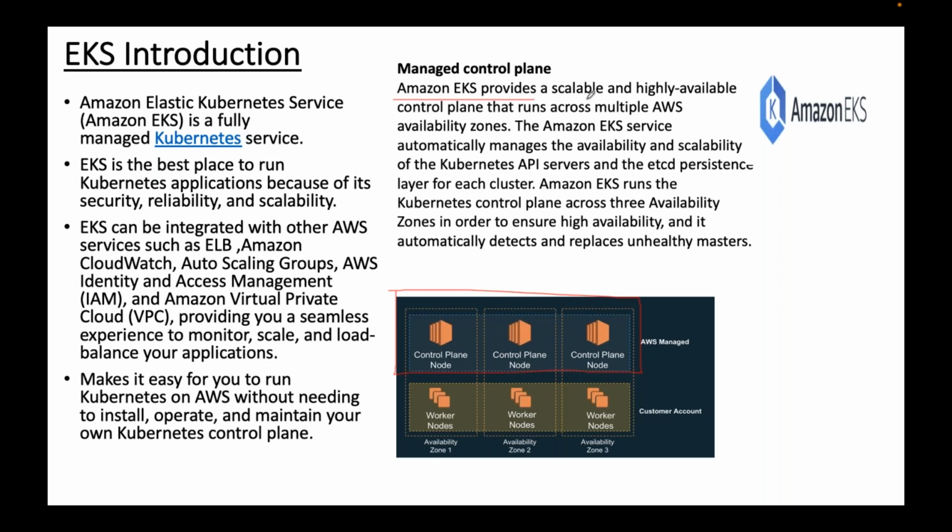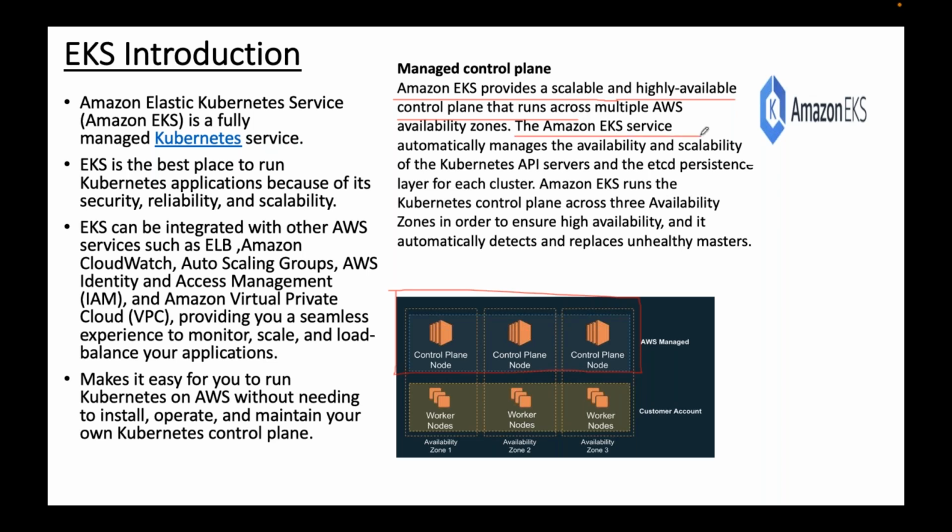EKS provides a scalable, highly available control plane that runs across multiple AWS availability zones. That control plane is nothing but a master. The Kubernetes control plane is nothing but a master. In the master, you have Kubernetes components like etcd, API server, scheduler, and control managers. So EKS provides a scalable, highly available, managed control plane that runs across multiple availability zones.